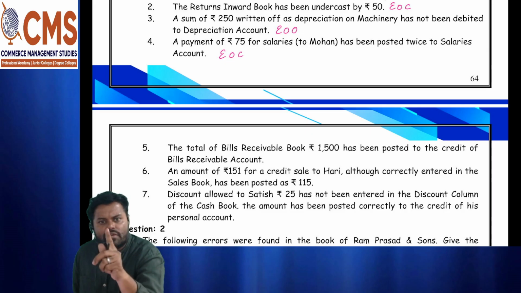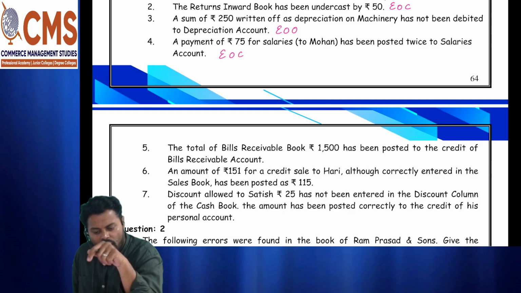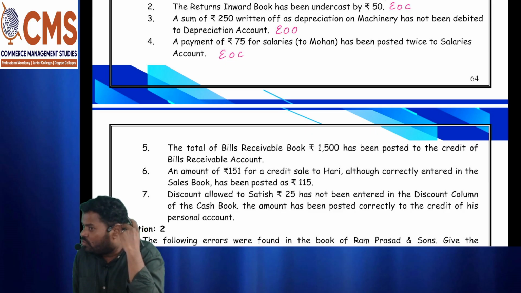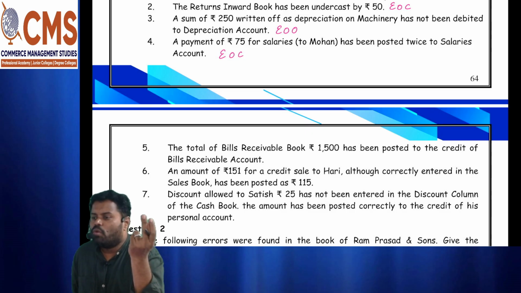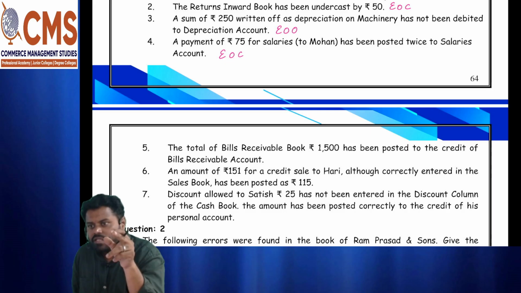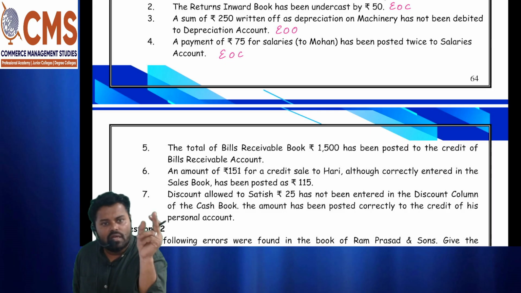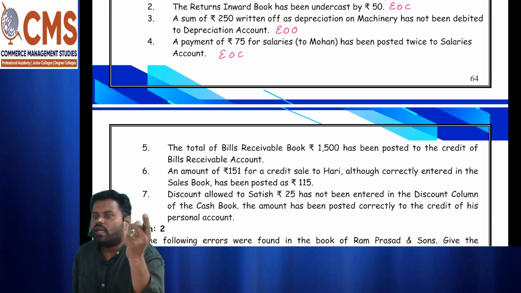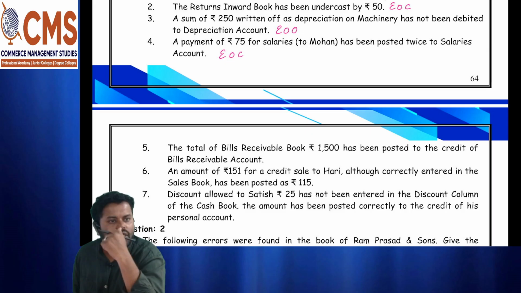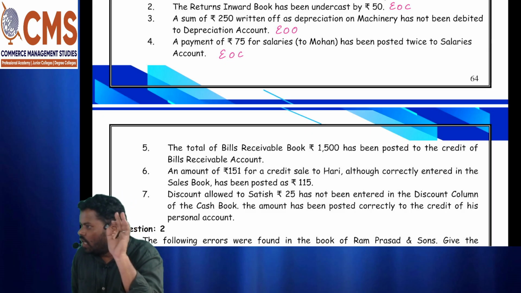You paid only 75 once, but you wrote the same 75 two times in salaries account. So what do you have to do now? What is the name of that opposite side? Credit side. I will write 75 rupees there. Automatically it will cancel the extra 75 on the debit side. Balance left out will be the original 75. Done. Next.